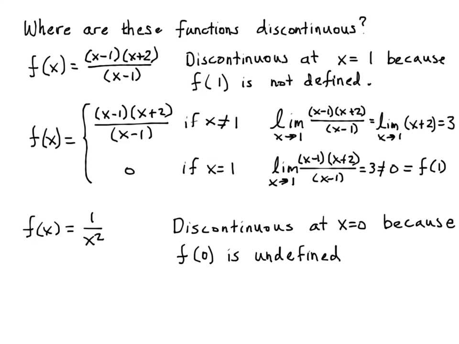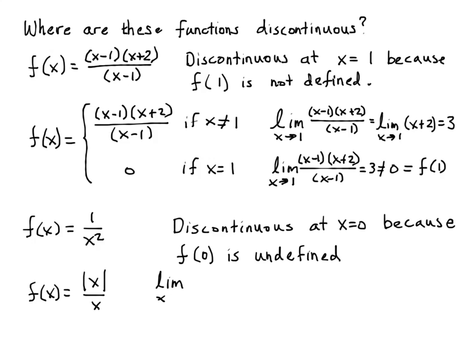This is the same reason as in the first example, but a little different in the sense that it's not really a hole; we have an asymptote there. If we were to graph it, we wouldn't indicate a hole. We'd have to indicate an asymptote.